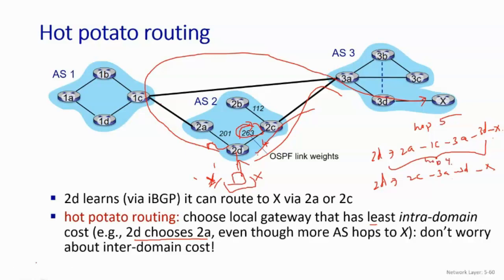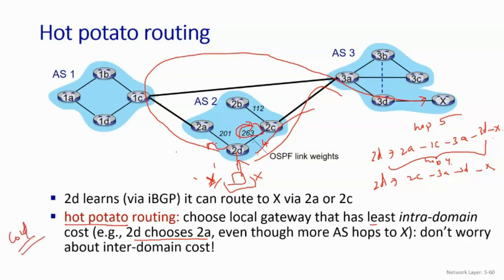So hot potato routing does not worry about the in-between links or the complete path to reach the destination address. It just makes a local decision based on the outgoing link cost. This is hot potato routing. The reverse is cold potato routing.